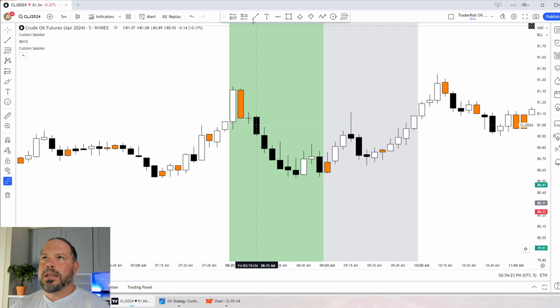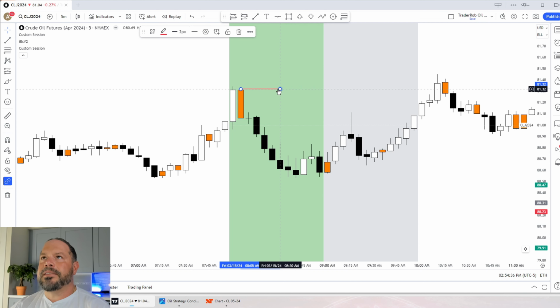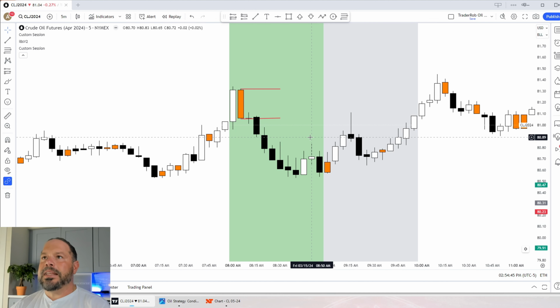Essentially, once you have this inside bar formed, you would put an entry order to go long right at the top of the inside bar. You would have an order to go short at the bottom of the inside bar. You set these two up.